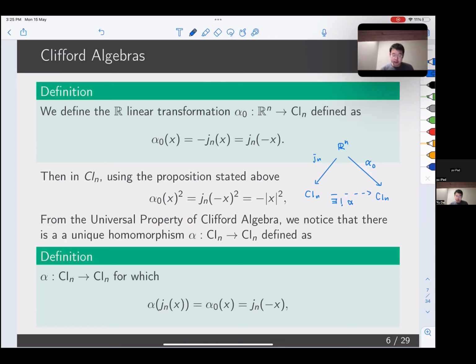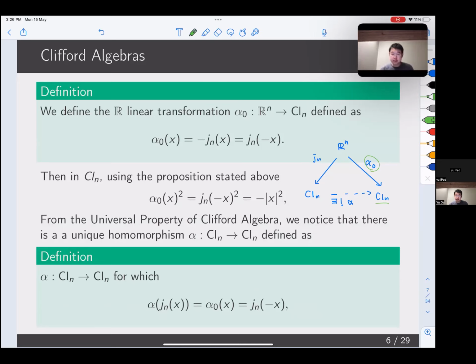So here we can define a map alpha_0 from R^n to Cl_n. We can verify that alpha_0 of x squared is equal to negative the norm of x squared.